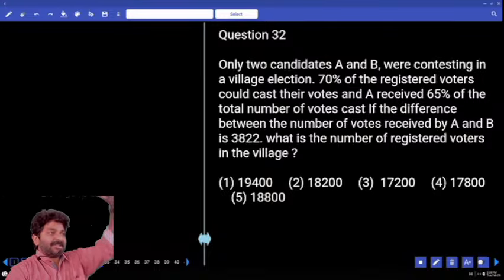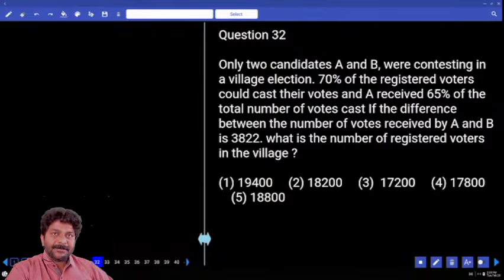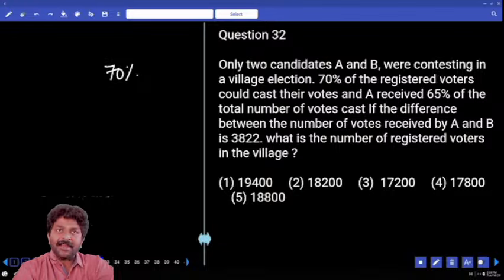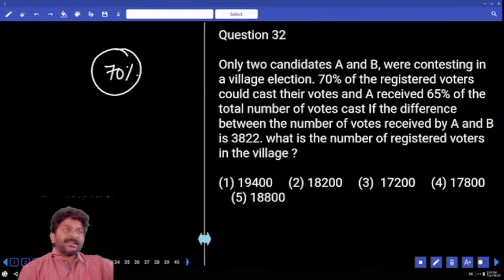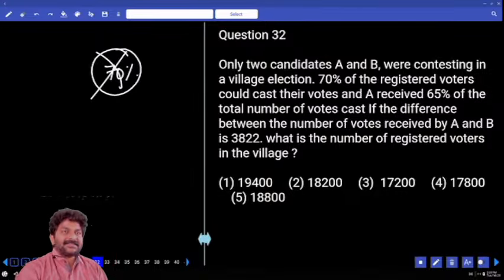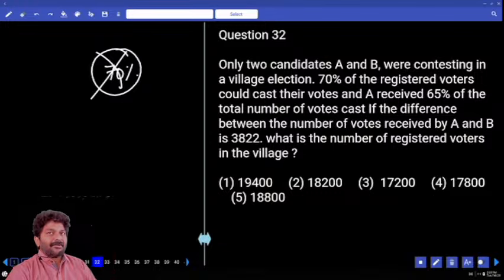Let us assume registered voters are 100%. How many cast their vote? 70%. Are there any invalid votes here? There is no information. So out of this, treat it as X for some time. Out of these votes, the winner is getting 65%, correct?